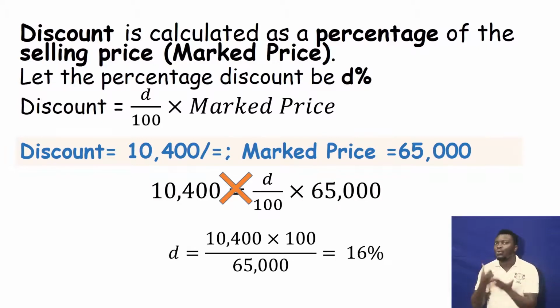With these two examples, you should be able to work out all questions that require you to use the knowledge of discount and percentages. In conclusion, in this lesson, we have learned about the term discount and how it is used in business. Also, we have learned how to calculate the percentage discount and the discount itself in case it is not given.